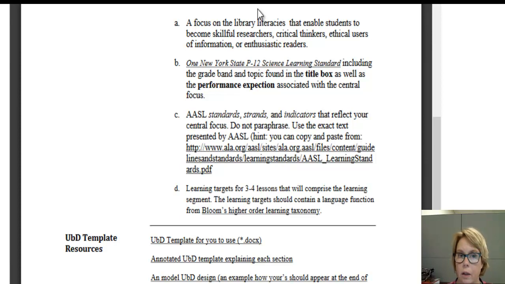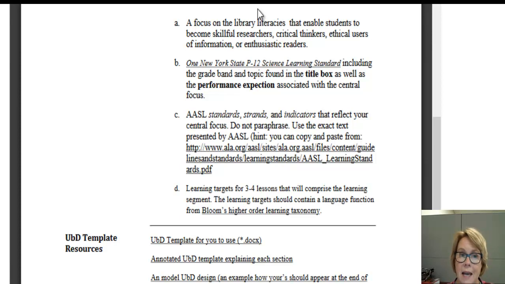Remember, you're creating 3 lessons, or just defining 3 lessons in terms of the objectives that you would include. And language function is, again, another one of those academic vocabulary terms. Essentially, the language function refers to the verb that indicates the learning outcome.